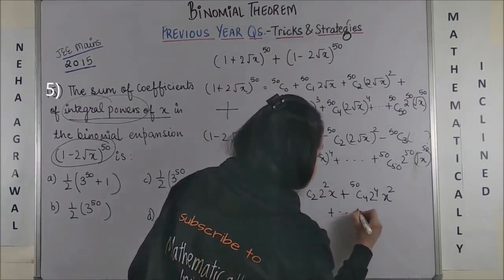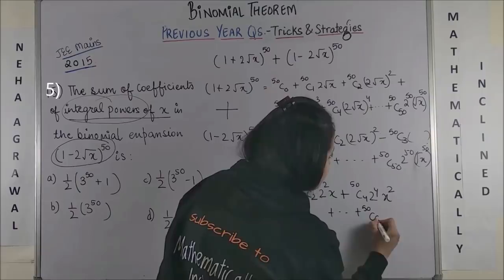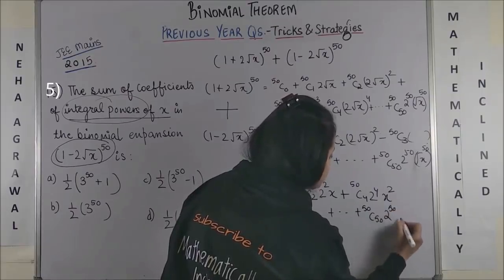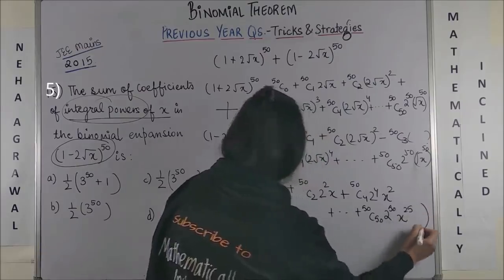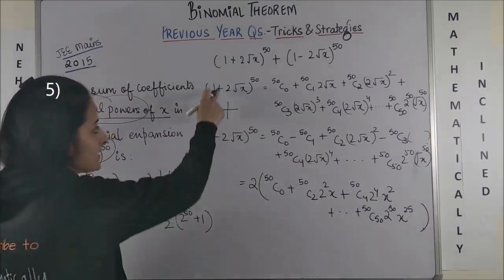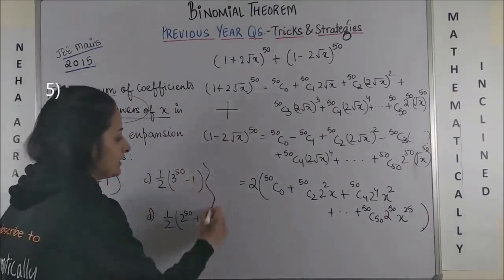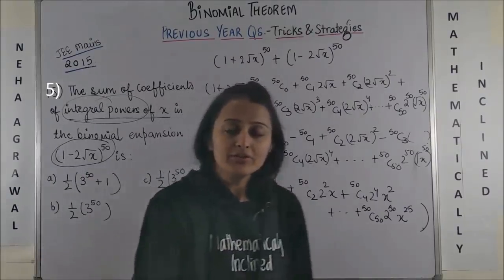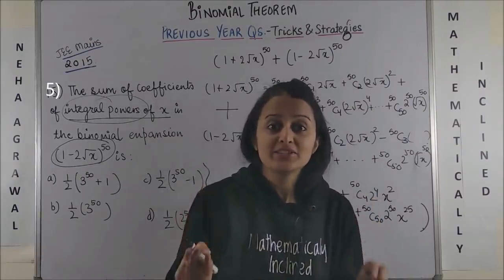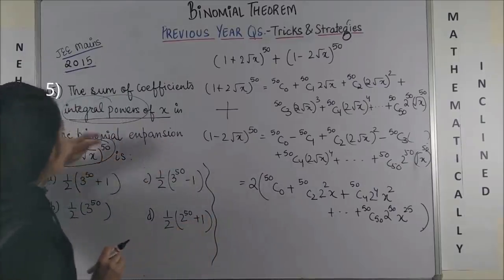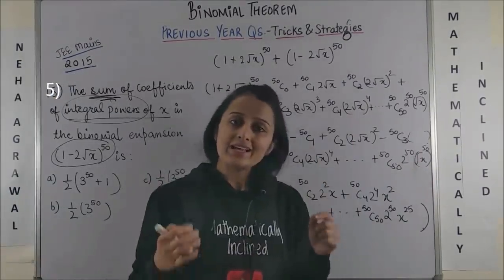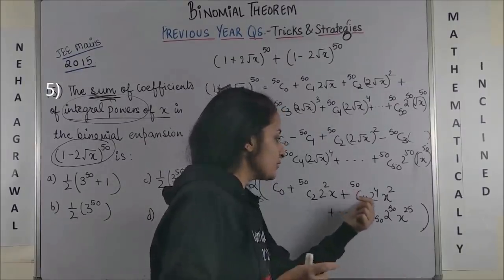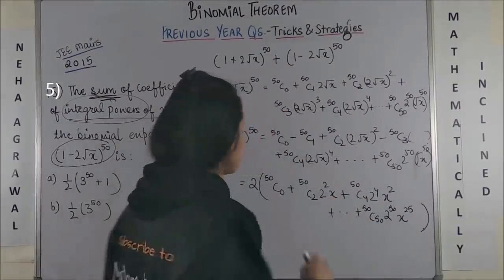Same way, proceeding this way, we get 50C50 2 raised to power 50, and this would be x raised to power 25. Alright, now on this side, that means these two get added. As I discussed in one of the questions previously, whenever you have to find the sum of coefficients, just give these x's as 1, because we are only looking at the coefficients basically.